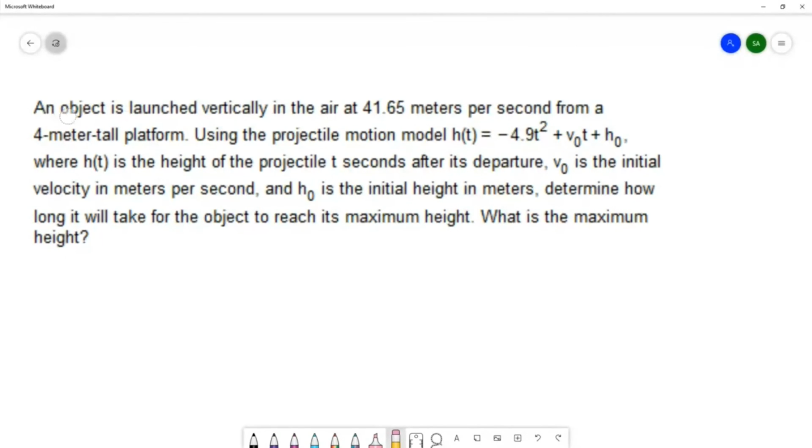An object is launched vertically in the air at 41.65 meters per second from a 4-meter tall platform.